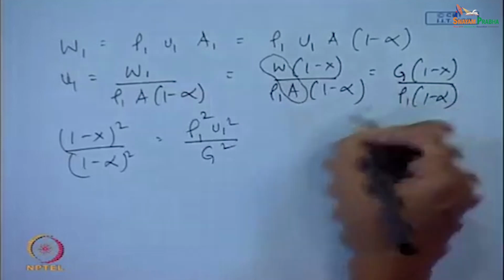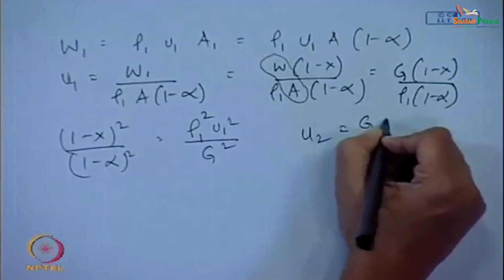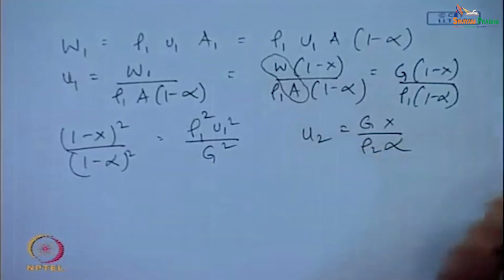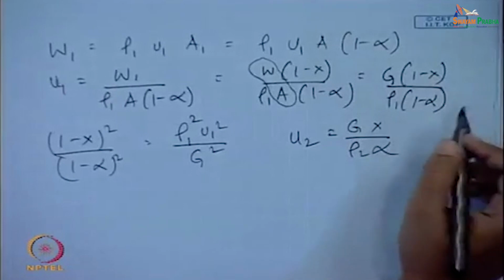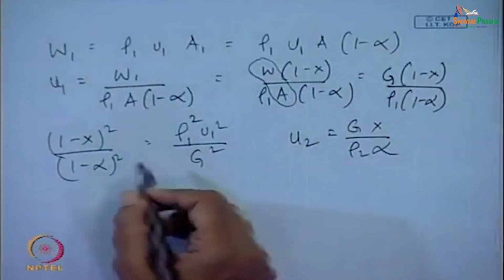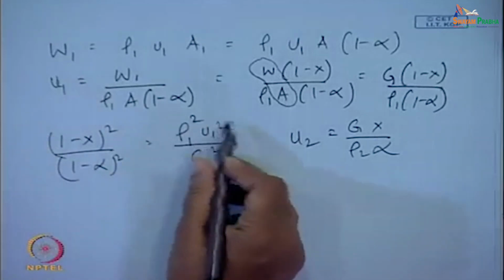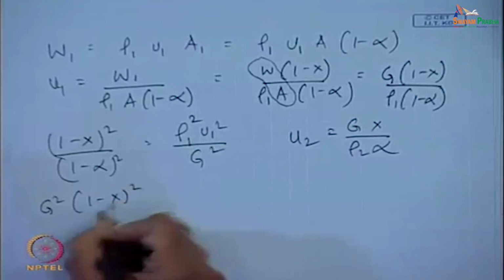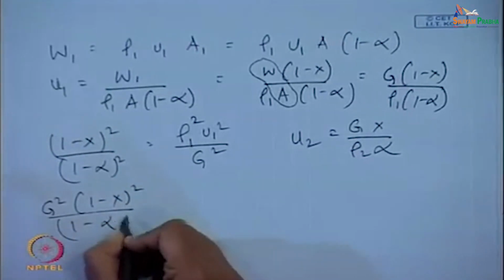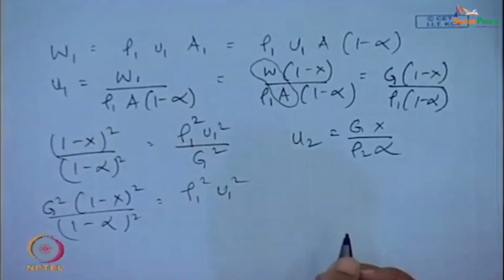Similarly, just like we have written an expression for u1, u2 also we can write down, it is just G x by rho 2 alpha, right. If we derive it for one, the other one becomes very easy. So, from here we have G square into 1 minus x whole square by 1 minus alpha square equals rho 1 square u1 square, correct.